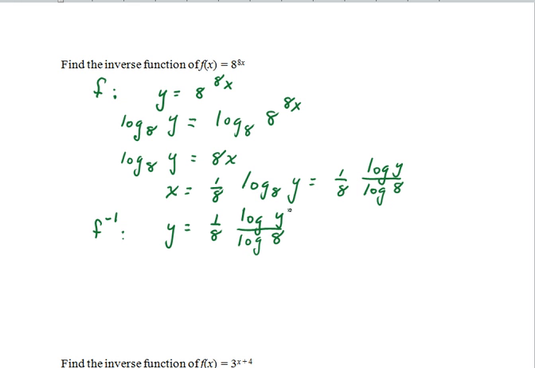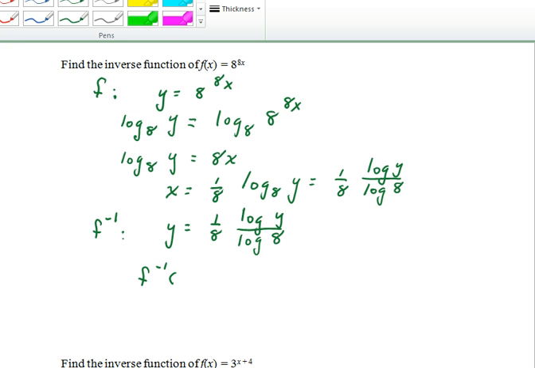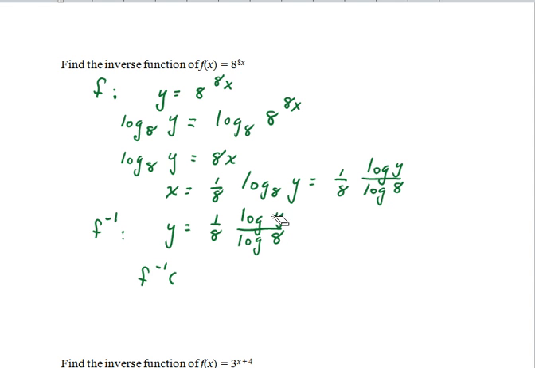This time I did common logs on the top and the bottom. I could have done natural logs. So f inverse of, and I'm sorry, I need to fix that last y that I've got, where I've got log y. I needed to replace the y with an x. And so f inverse of x is equal to 1/8 log x over log 8, or log x divided by 8 log 8.